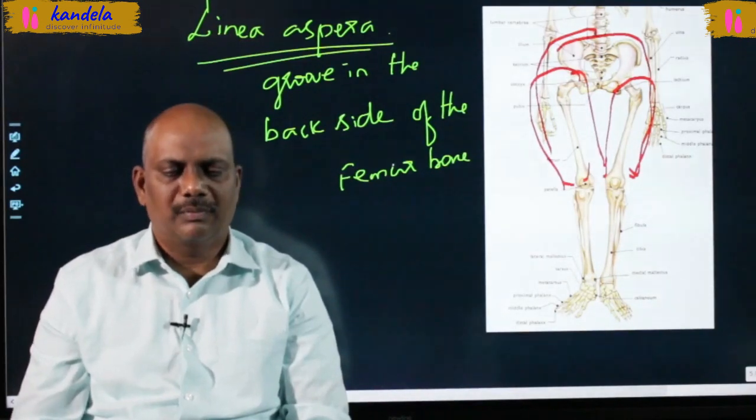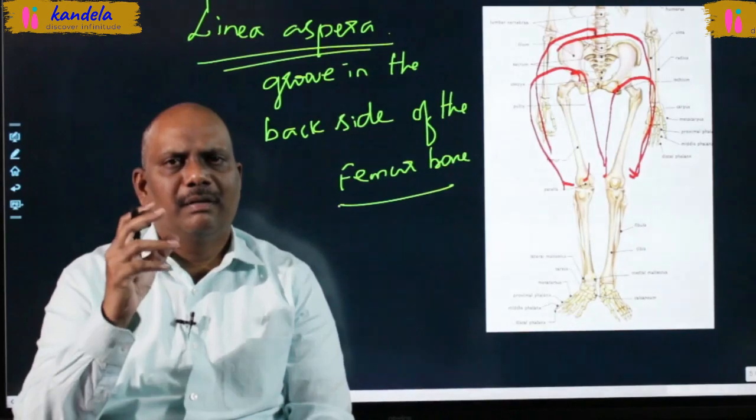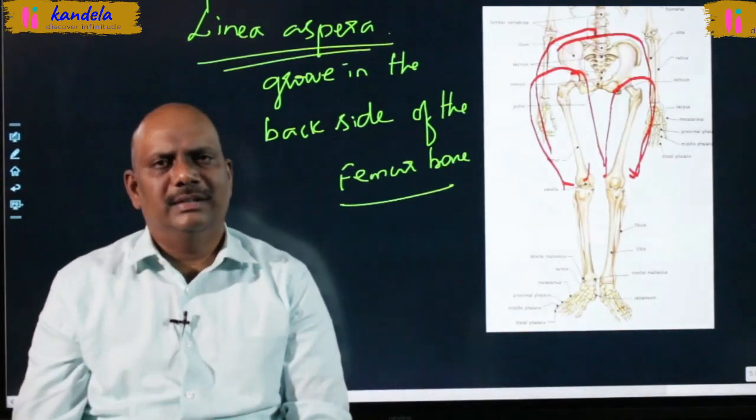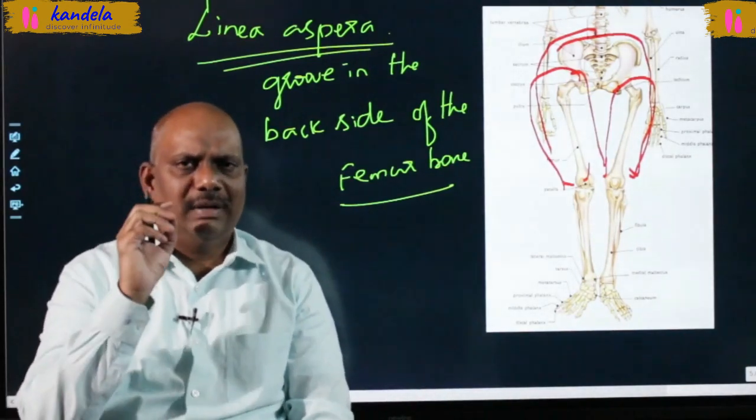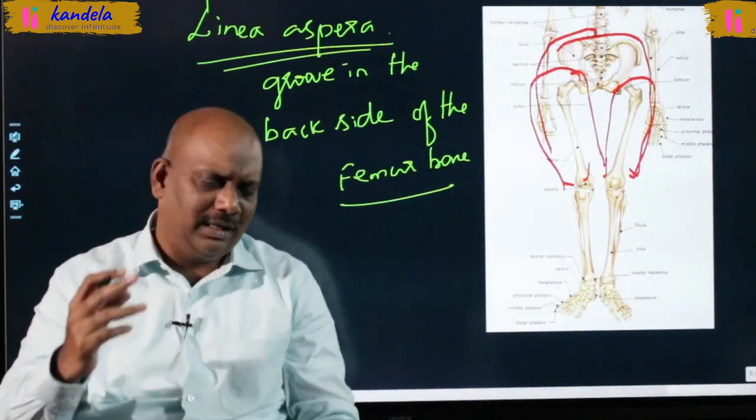This provided attachment areas for the muscles in the thigh region. So the presence of linea aspera signifies a bipedal locomotion and an erect posture.